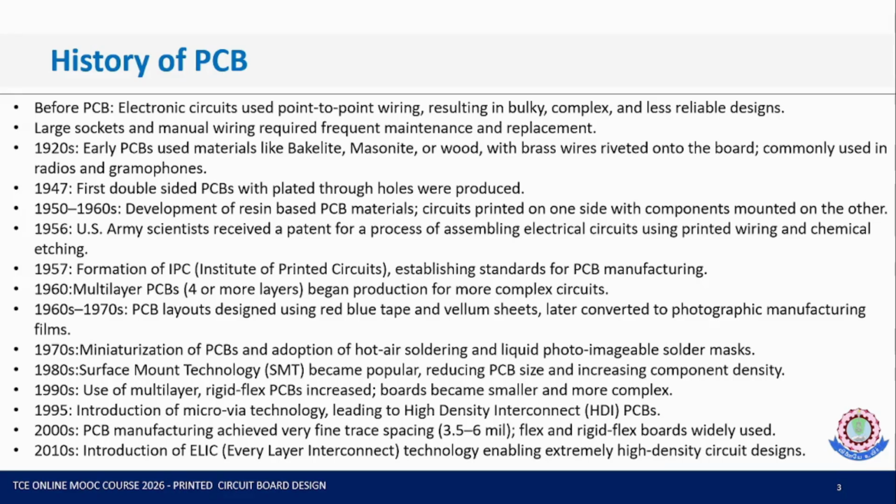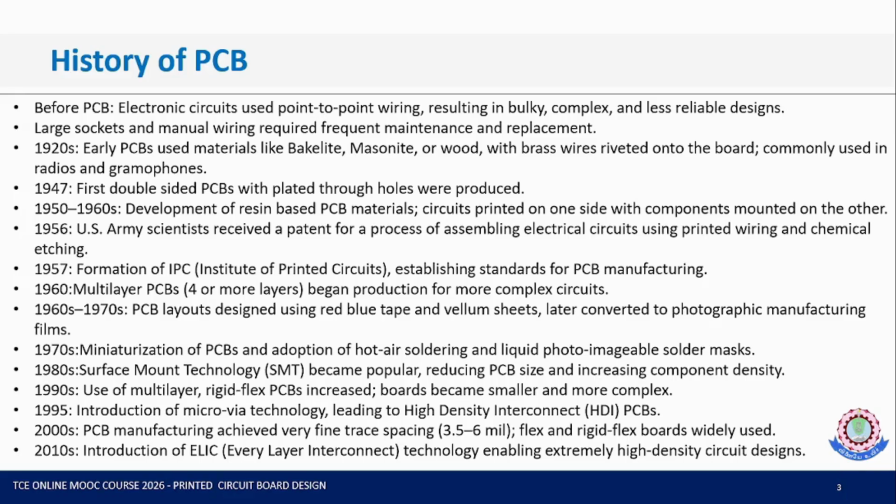Surface mount technology became popular in the 1980s and reduced the PCB size immensely, and also increased component density. In the 1990s, use of multi-layer rigid flex PCBs increased, and boards became smaller and more complex.